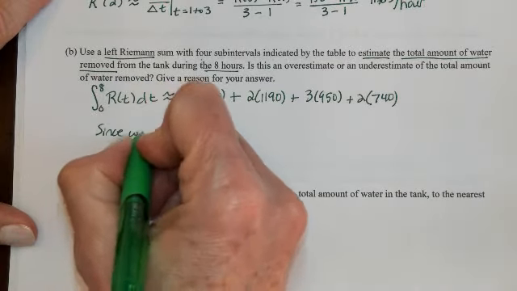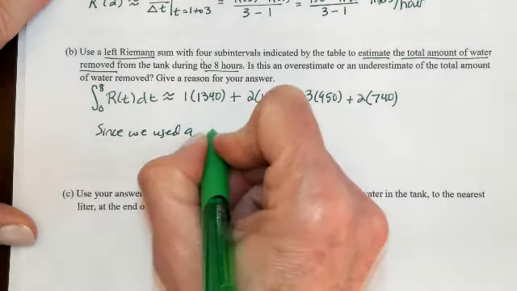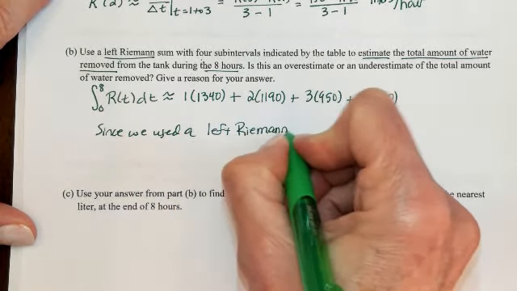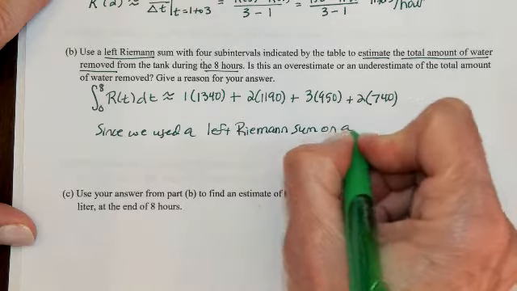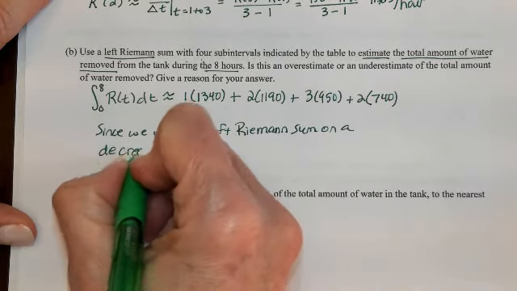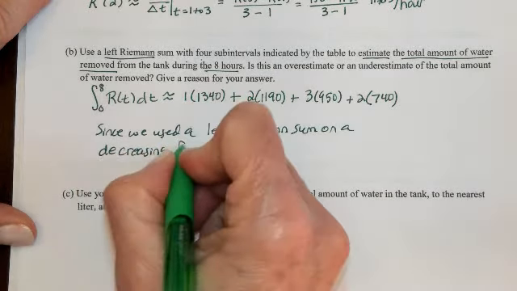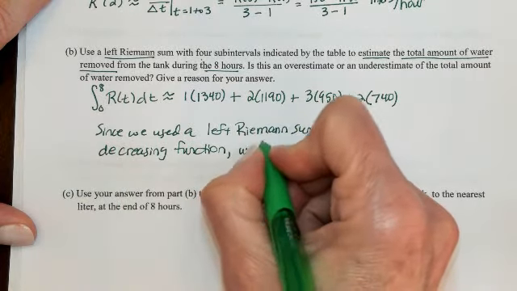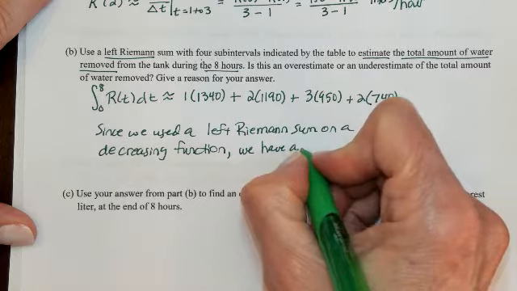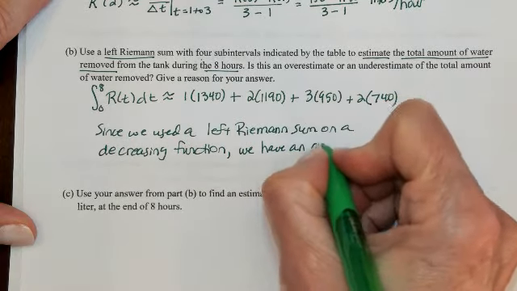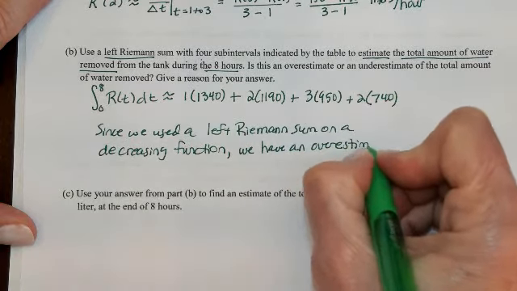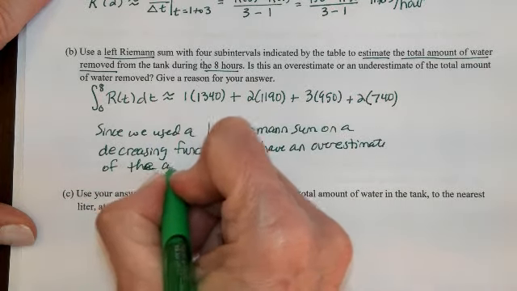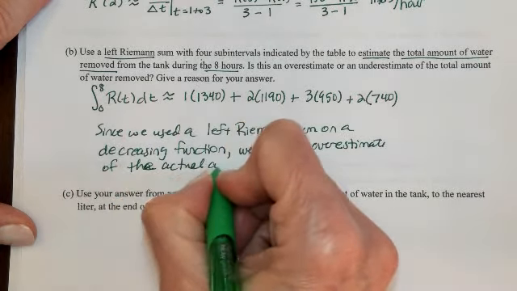Since we used a left Riemann sum on a decreasing function, we have an overestimate of the actual amount.